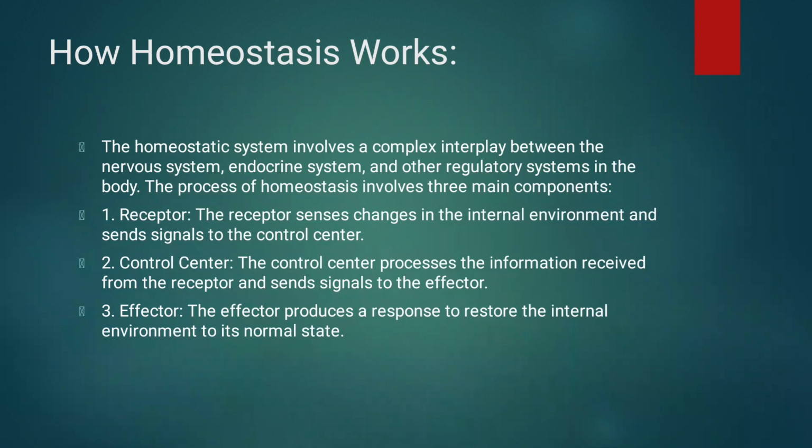The receptor senses changes in the internal environment and sends a signal to the control center. The control center processes the information received from the receptor and sends a signal to the effector. The effector produces a response to restore the internal environment to its normal state.